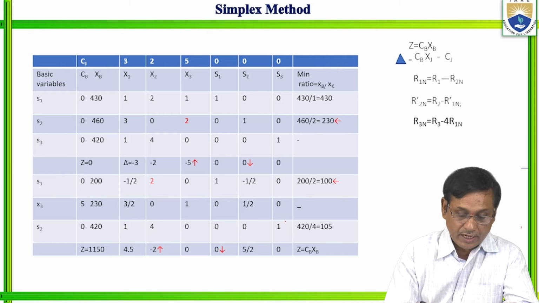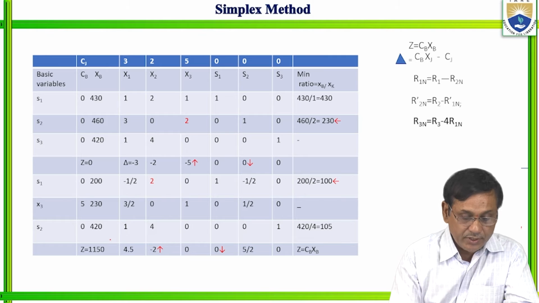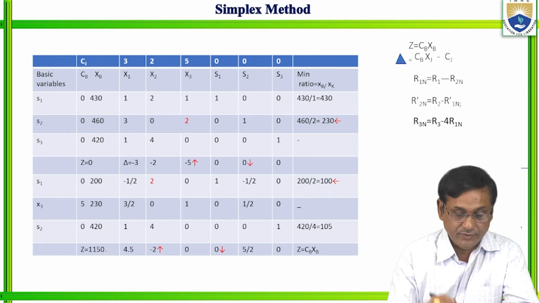Now again we have to find out Z and delta values. Z value is CB x XB. So 0 into 200 plus 5 into 230 plus 0 into 420. The total value Z max is equal to 1150.